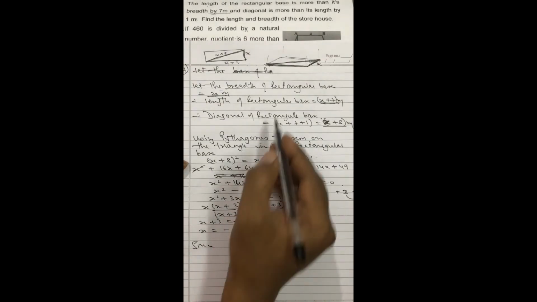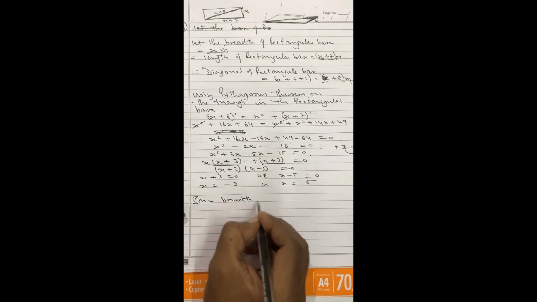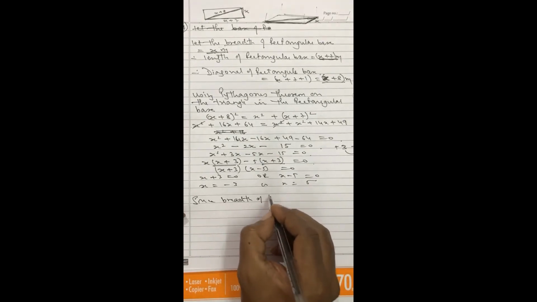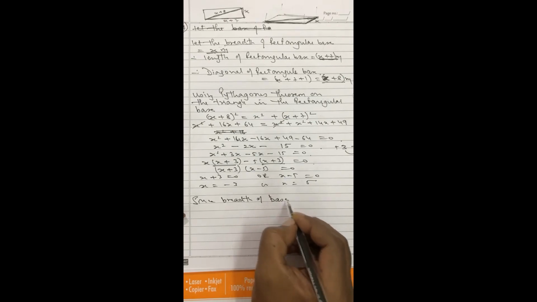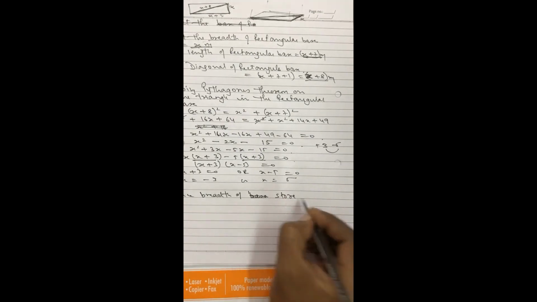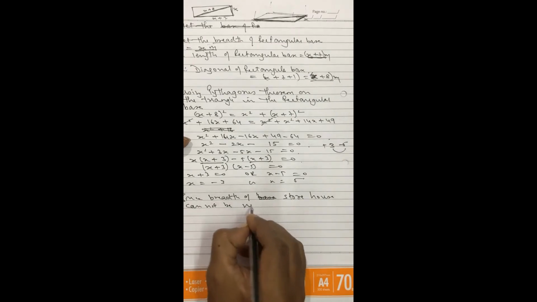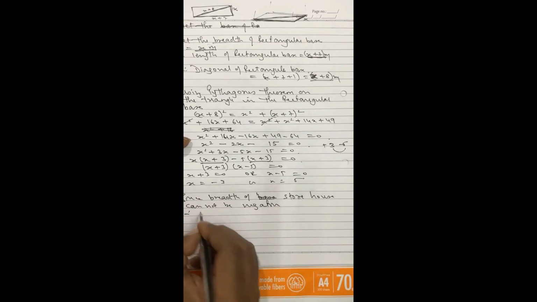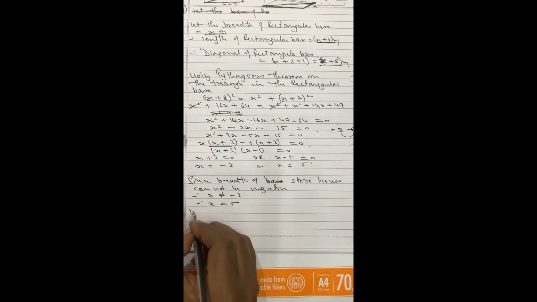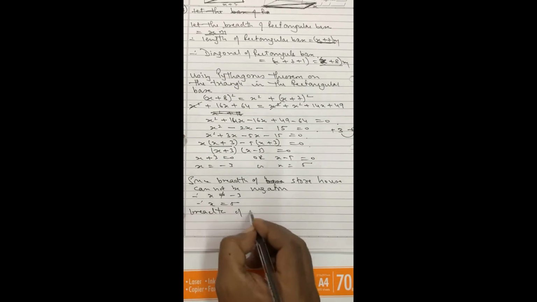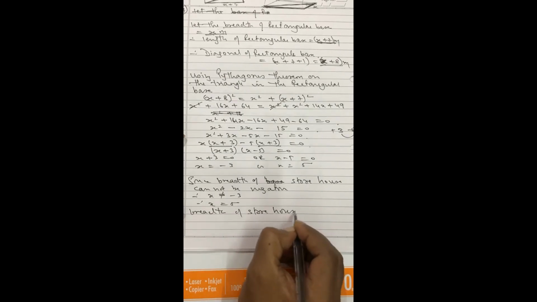Since the breadth of the storehouse cannot be negative, therefore x cannot be equal to minus 3. Therefore, x is equal to 5. Therefore, the breadth of the storehouse is equal to 5 meter.